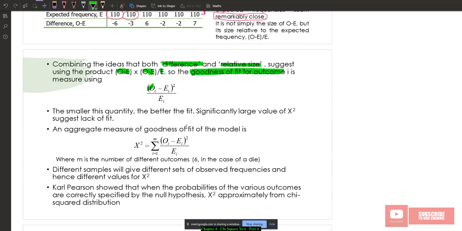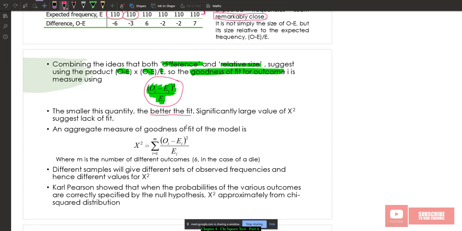This formula applies to any trial or experiment that follows a binomial distribution. The smaller this quantity, the better the distribution fits.